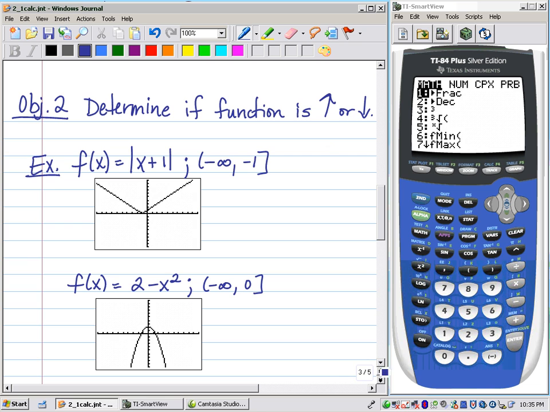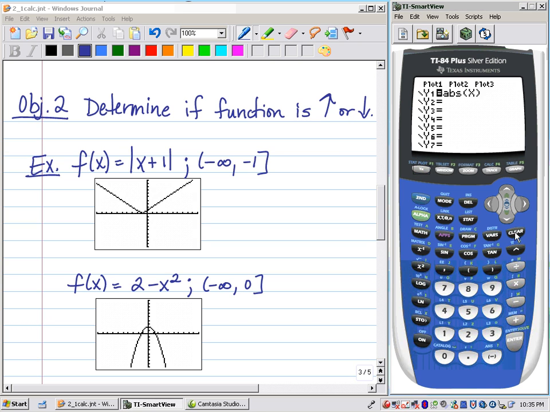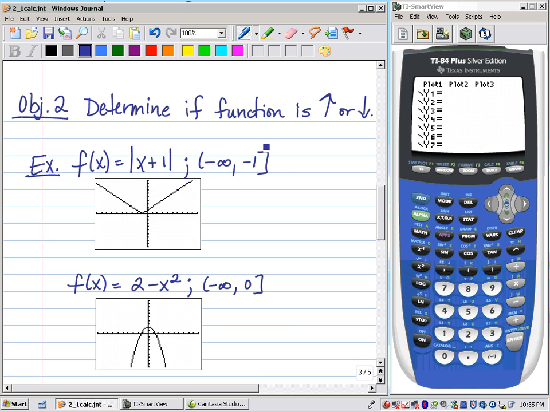Now, to determine if a function is increasing or decreasing, there were problems in your homework where you had to just enter the function and it told you what interval to look at. So if I have f of x is equal to the absolute value of x plus 1, and I want to determine if it's increasing or decreasing from negative infinity to negative 1, I've already got the screen capture here, but I just want to go through the steps of graphing that on the calculator.